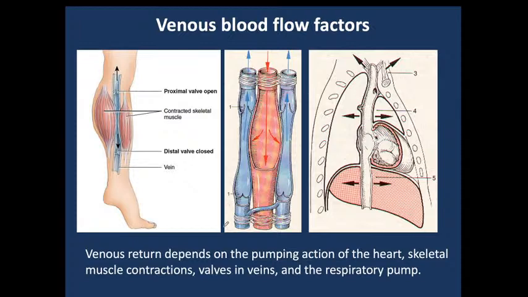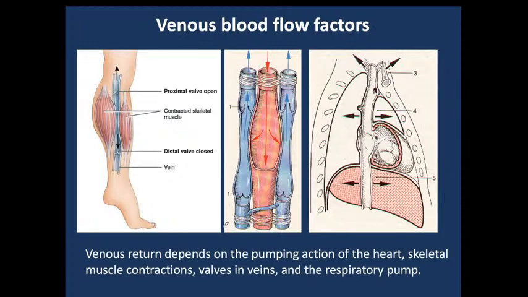We usually have interest in the factors that help the blood to flow, and these are some factors that venous vessels have. Why does the blood flow to the heart?